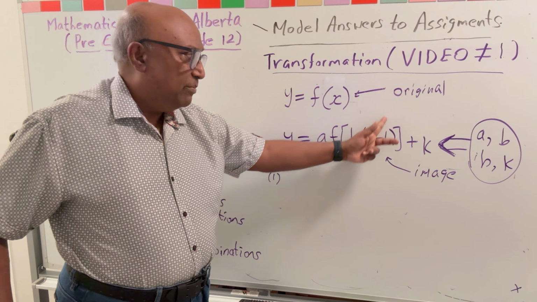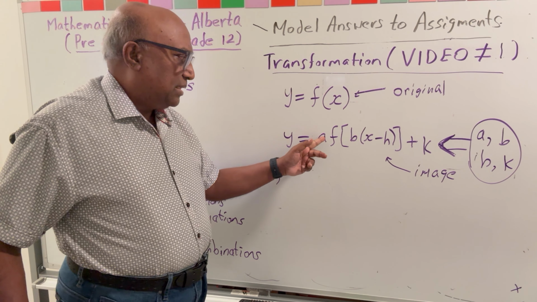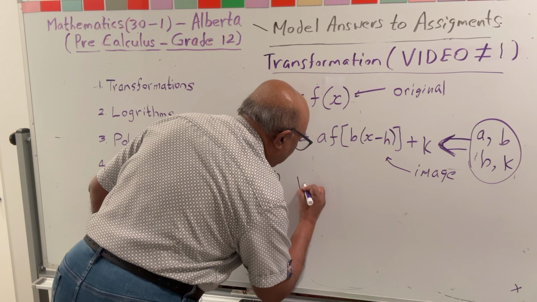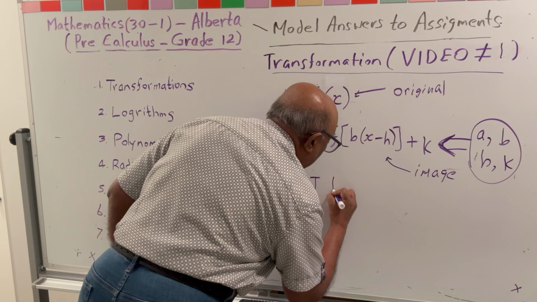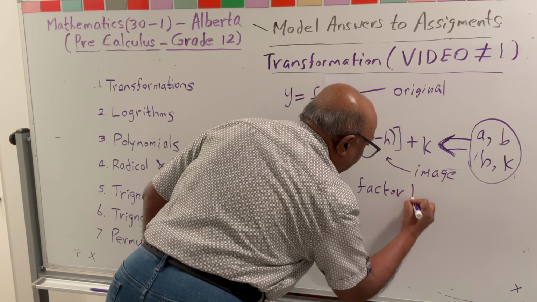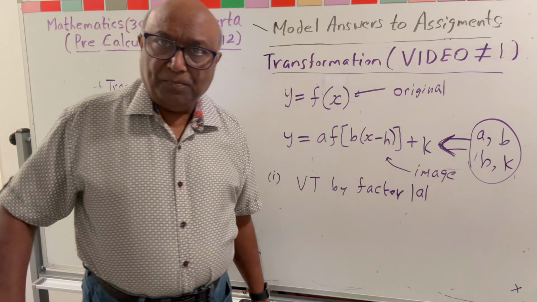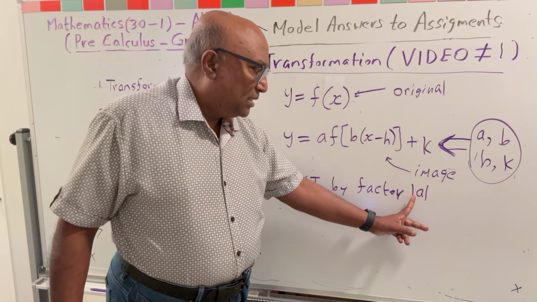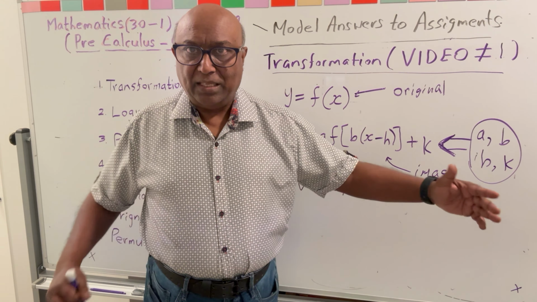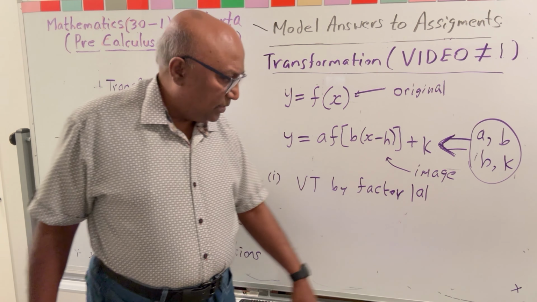The right side of the function has been multiplied by coefficient A. That means due to the action of A, the function is vertically transformed by a factor of A, but for the better we mention absolute value of A, because a factor is always described as a positive number. We are not saying -2 times, -1/3 times. When we describe the transformation factor, we mention the positive number.